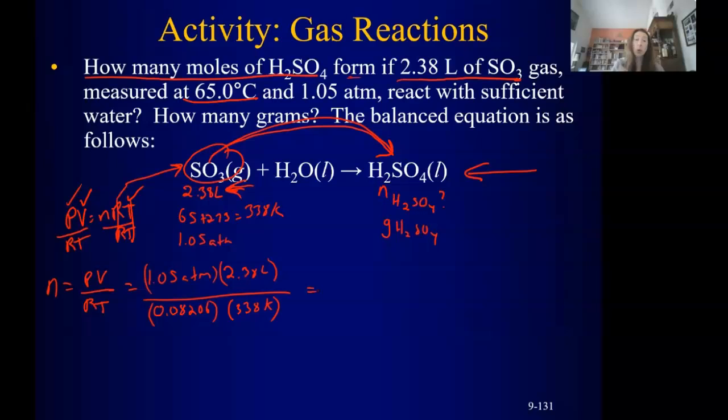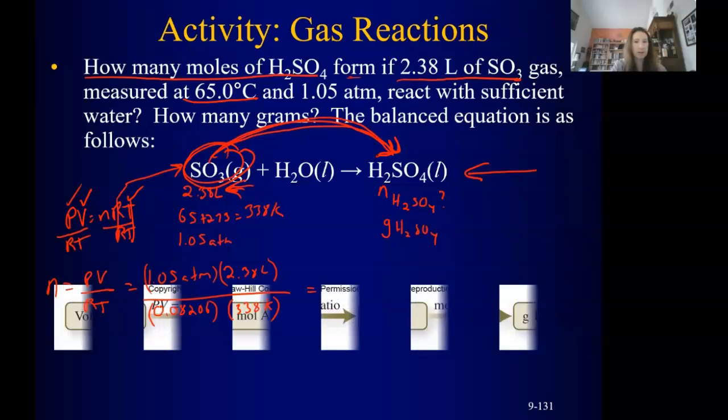And remember, the whole reason we were trying to get to our n, which is our moles, is because this is going to give us our moles of SO3. Now, after that, we can just convert it to H2SO4. Mole-mole ratio. You can see it's a 1-to-1, so love those mole ratios when they're the same. So 1.05 times 2.38 divided by 0.08206 times 338.